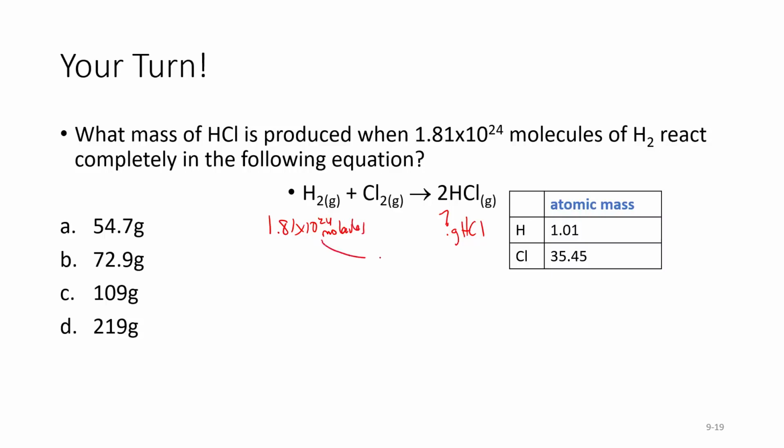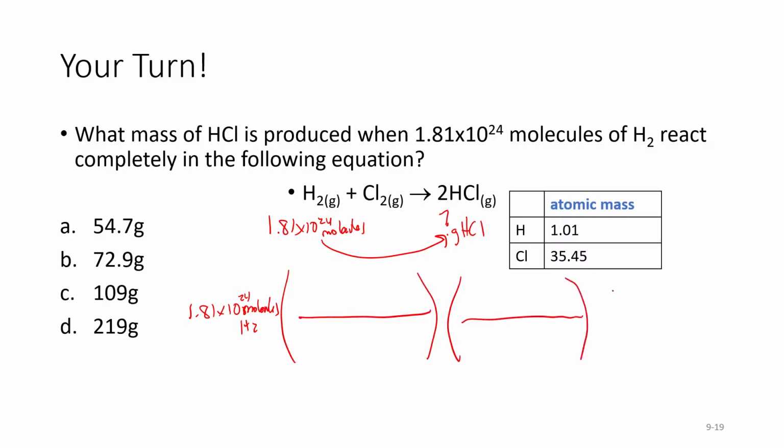So we're going from molecules of one substance to mass of another substance. So we're going to start with the number they give us. 1.81 times 10 to the 24 molecules of H2. Because we have molecules of H2 on the top, we're going to put molecules of H2 on the bottom.